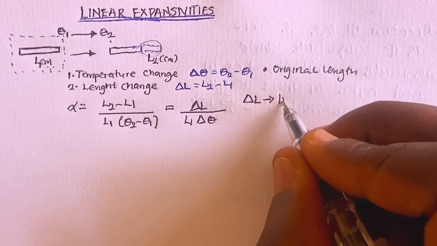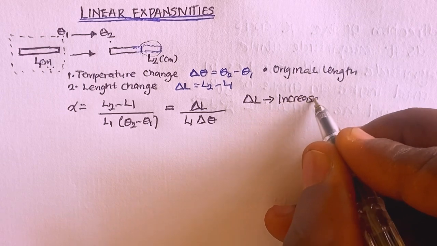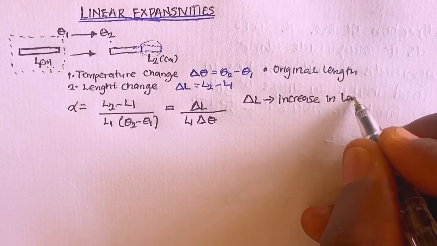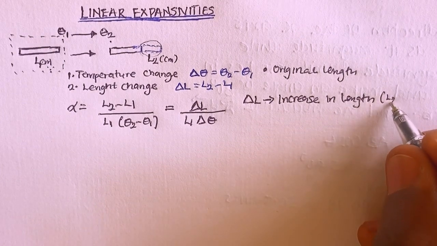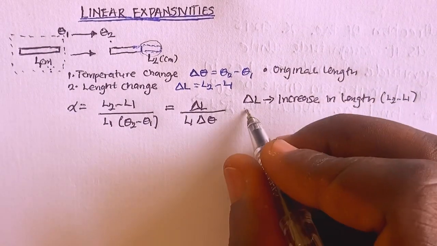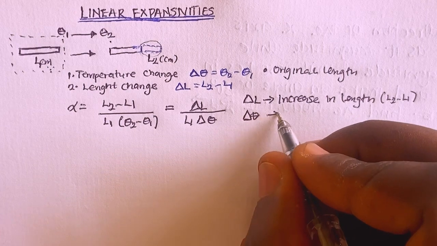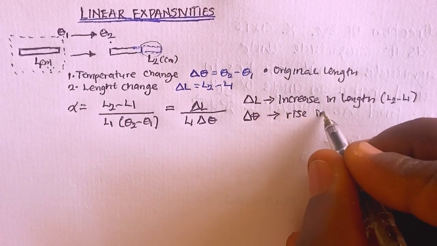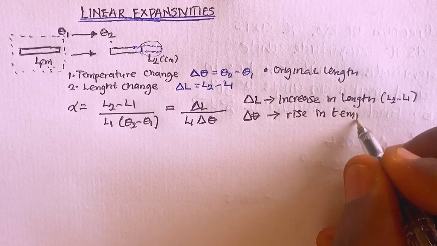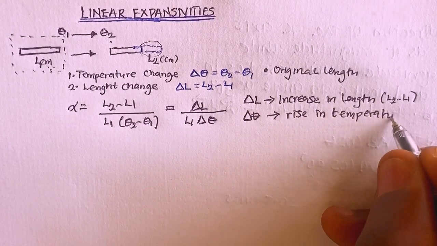Now, my delta L represents increase in length, or you simply say change in length. That's L2 minus L1, right? Then my delta theta represents rise in temperature of the substance.